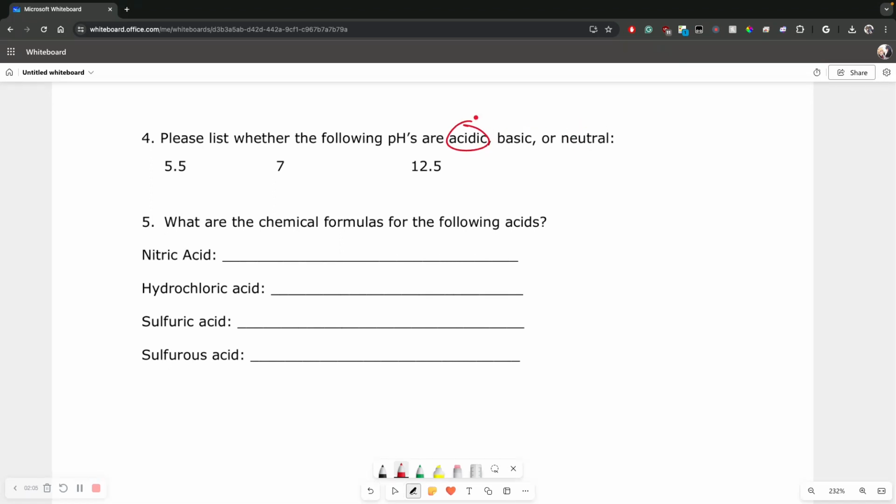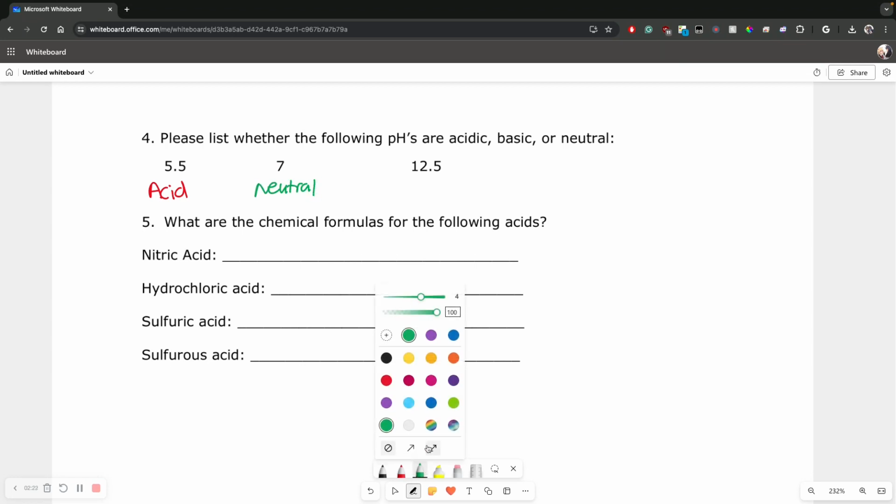If a pH is less than 7, this will be an acid. If the pH is exactly 7, it is going to be neutral. And if the pH is greater than 7, it will be a base.